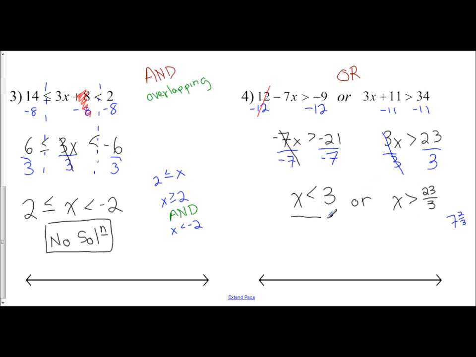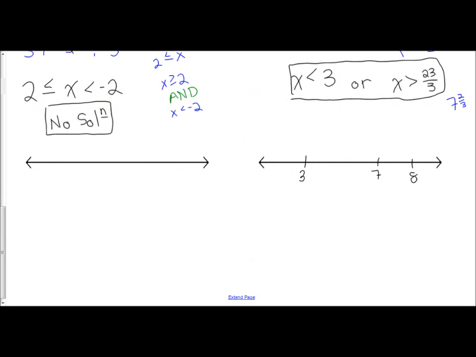Let's put the or there, and there is our solution for our compound inequality. We're going to examine that first, though. If I say x is less than 3, so let's put 3 here. Let's make sure it makes sense. And 23 thirds is between 7 and 8. And so I'm going to approximate its location.